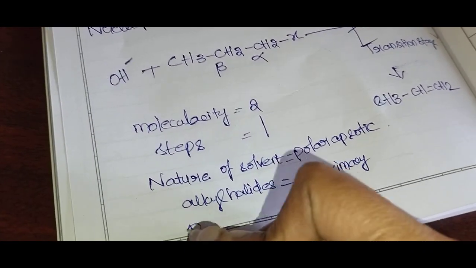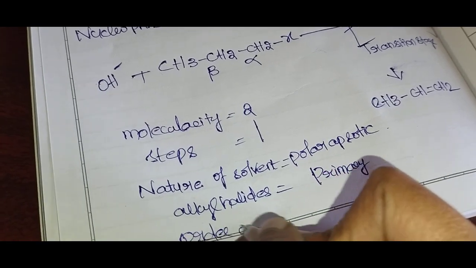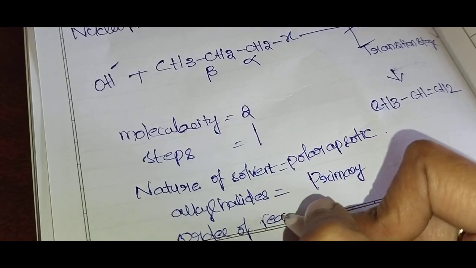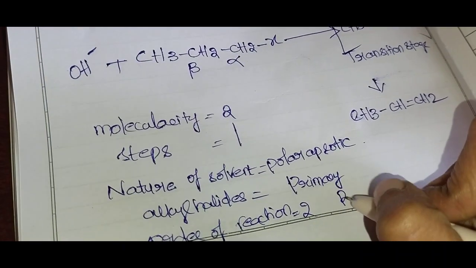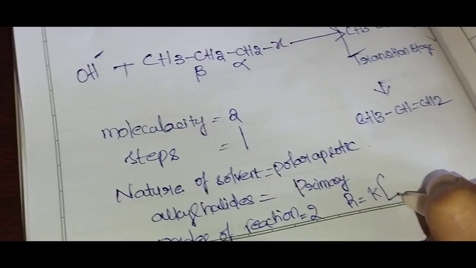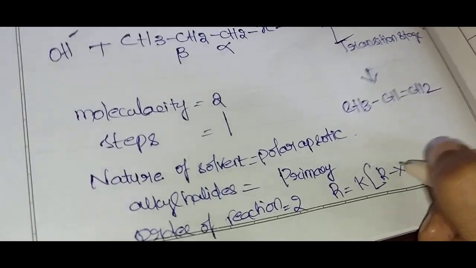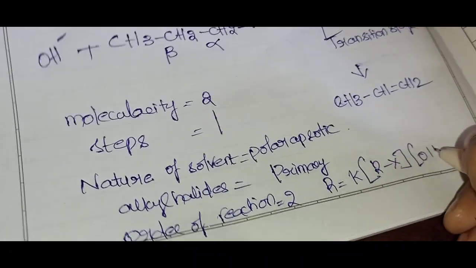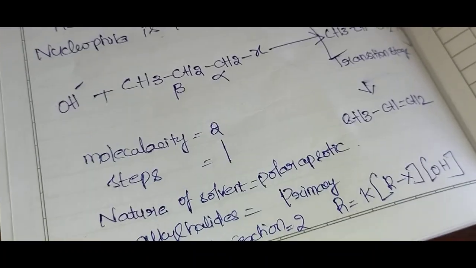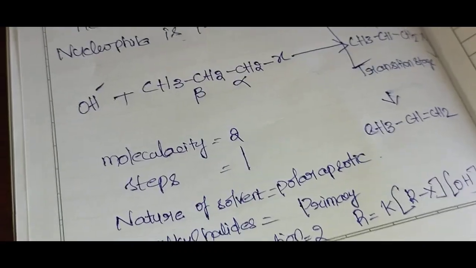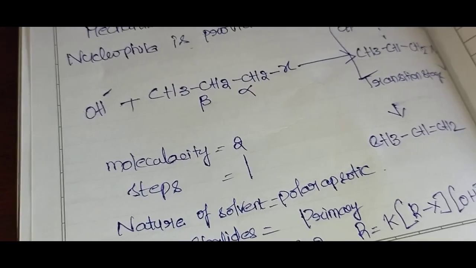And what is the order of the reaction? As we can expect, it is 2. How? The rate of the reaction is equal to k, and it depends on both the alkyl halide and the nucleophile. So the order of the reaction is 2. Now let's discuss the differences between E1 and E2 reactions.